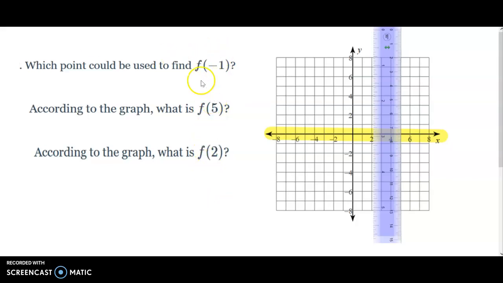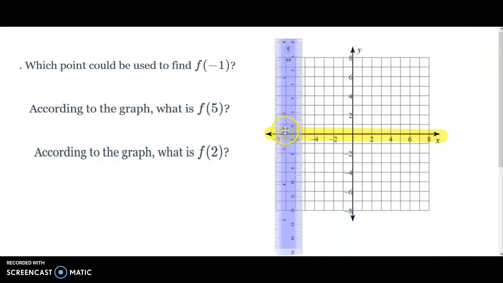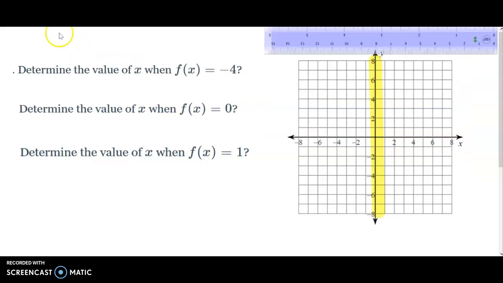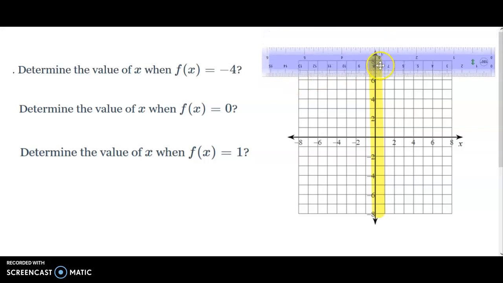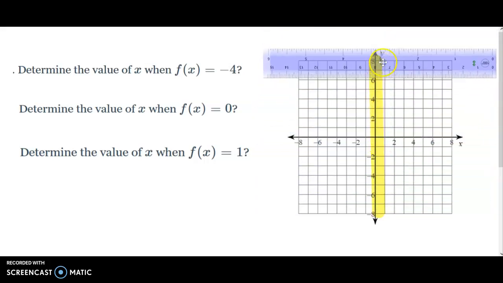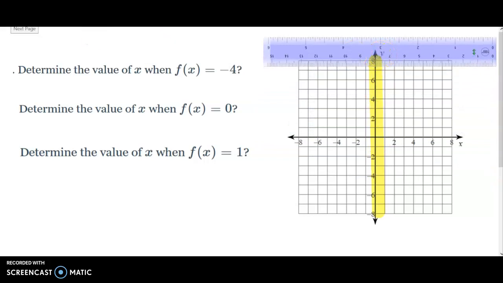So right here, if you have an f of a number, that means you're working with the x. So you're trying to move down the x-axis until you find the right number. Now, if you have f of x is equal to a number, that means you're moving down the y-axis until you find the right number. So let's take a look at a couple examples.